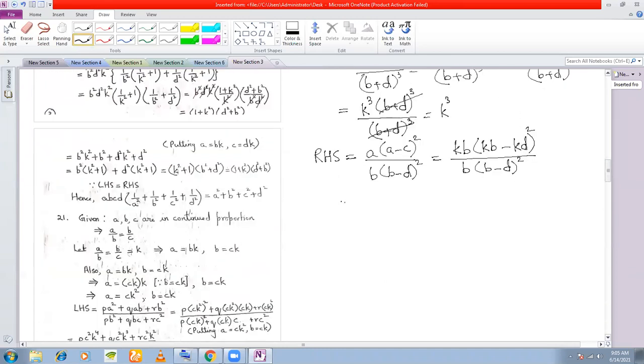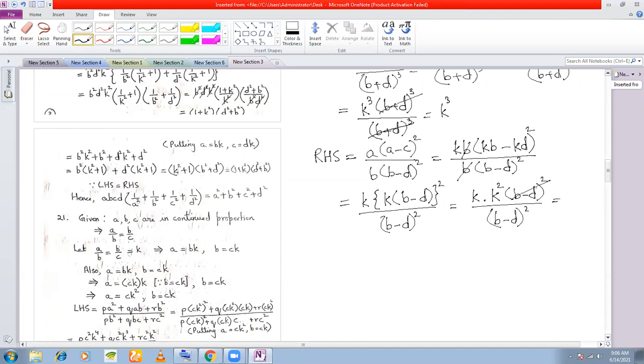Okay, so now what happens? See here, this B and this B cancel off. So what we get here is, from inside, KB minus KD. If I take K out, I'll get K into (B minus D) whole square, which is equal to K square into (B minus D) whole square divided by (B minus D) whole square.